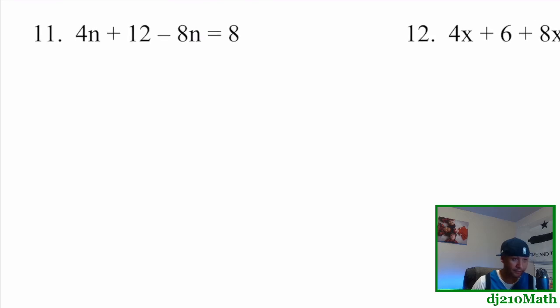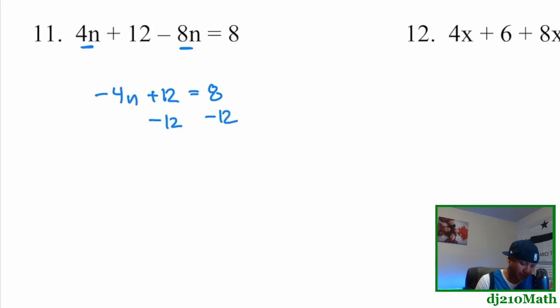All right, number 11. 4n plus 12 minus 8n equals 8. 4n and 8n are on the same side, so we're just combining. 4 minus 8 is negative 4n, plus 12 is equal to 8. All right, moving the 12.